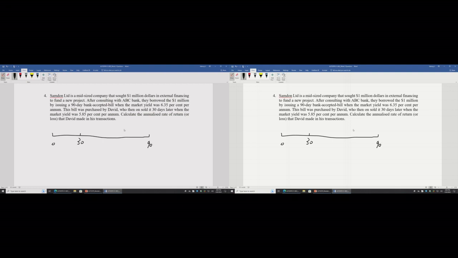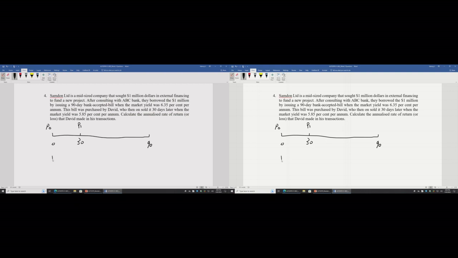Okay, so to calculate the return for David's investment, you have to know at what price David paid to get this commercial paper or bank bill, and also at what price this bank bill has been sold in the market. So that's how we calculate return. So let's assume the price that David paid is P0, and P1 is the price that David sold the bank bill at in the market.